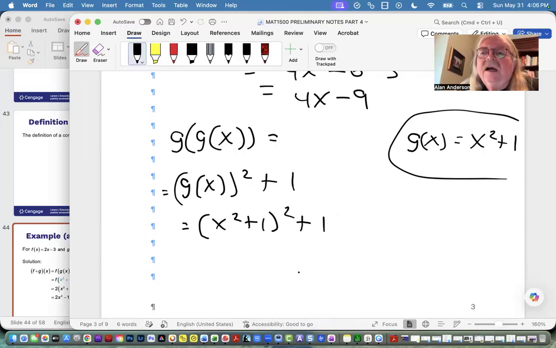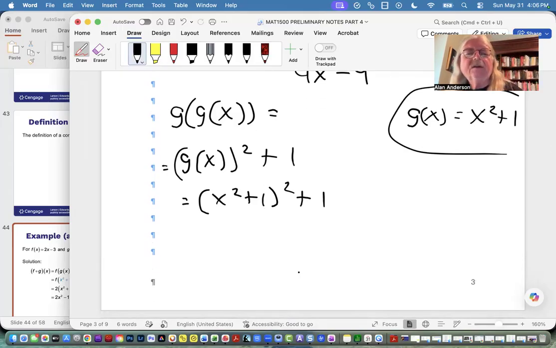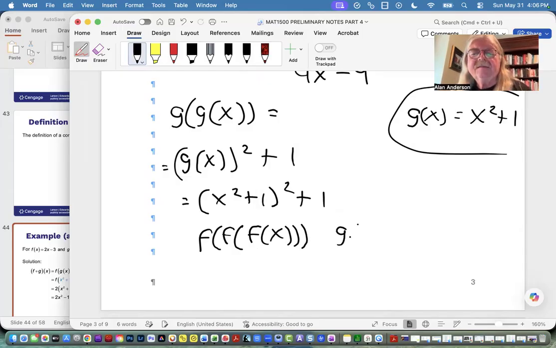Okay, now, as if that weren't enough, you also can have more than two functions combined together. You can define, for example, f of x, and then you could have, for example, f of g of f of x.